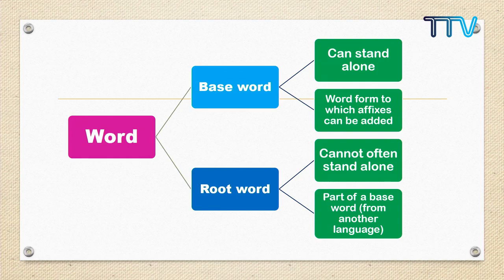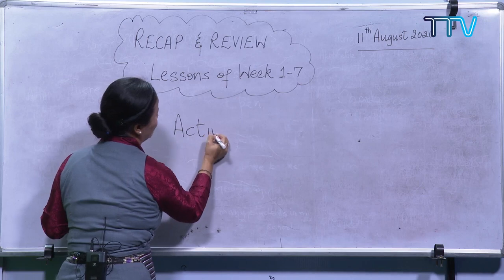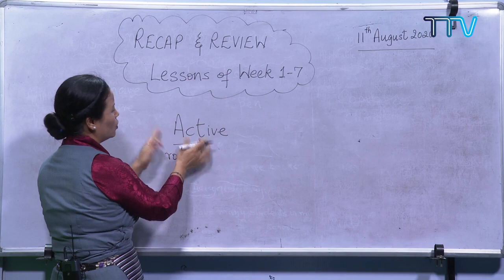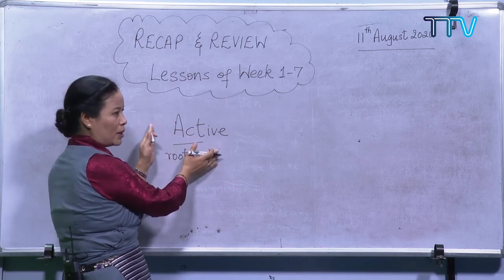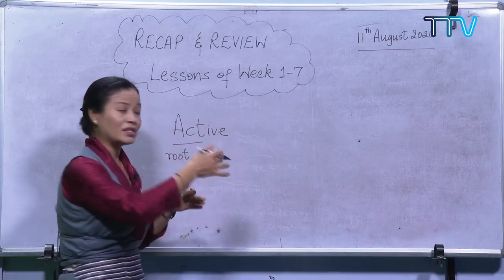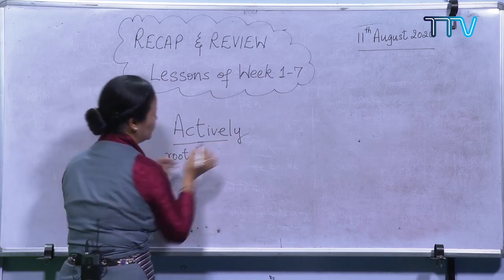If I say "actively", "act" is the root word on which I am adding the suffix. Looking at the board, on this word act, if I add the suffix -ive, this is the root word, and we can also say the base word here. But after the suffix -ive, if I add one more suffix -ly, now we can't say active is the root word.